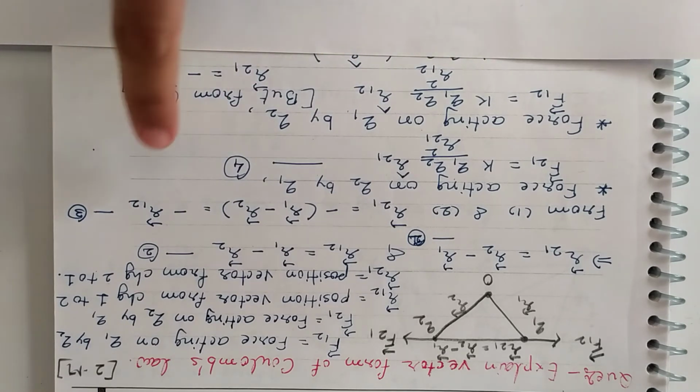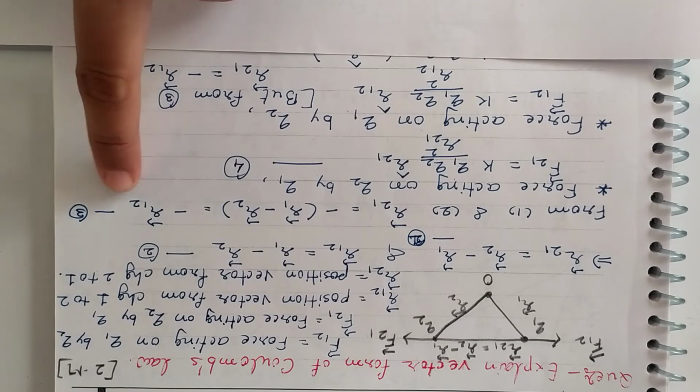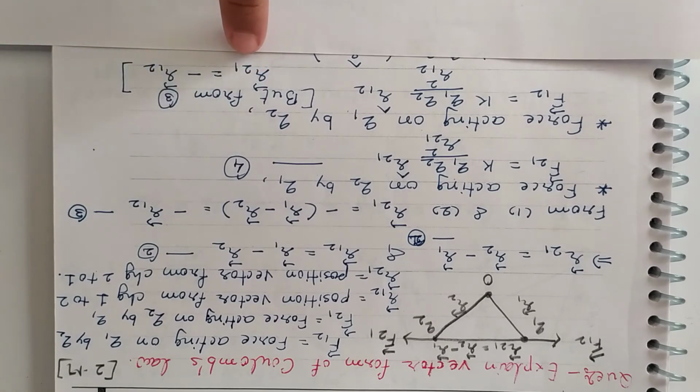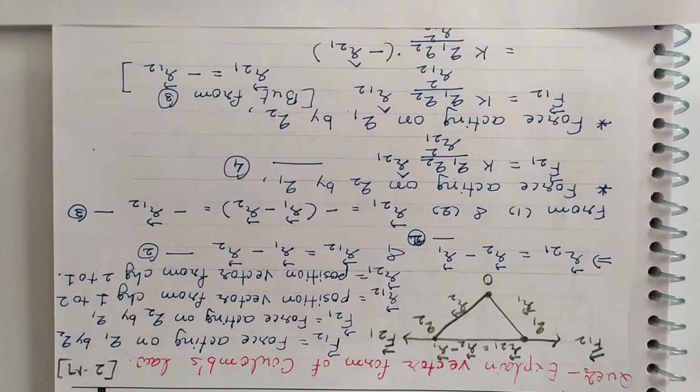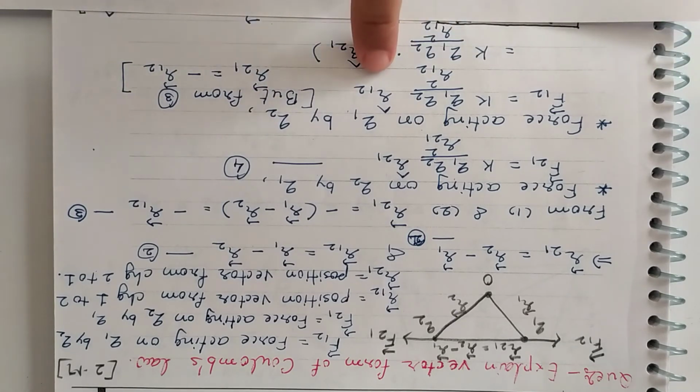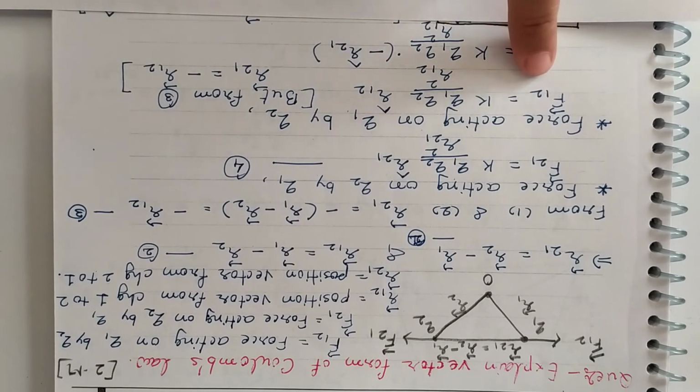But from equation number 3, we have already seen that R12 and R21 are equal in magnitude and opposite in direction. So we can substitute minus R21 in place of R12. What we will get? F12 is equal to K Q1 Q2 upon R12 square into minus R21 cap.